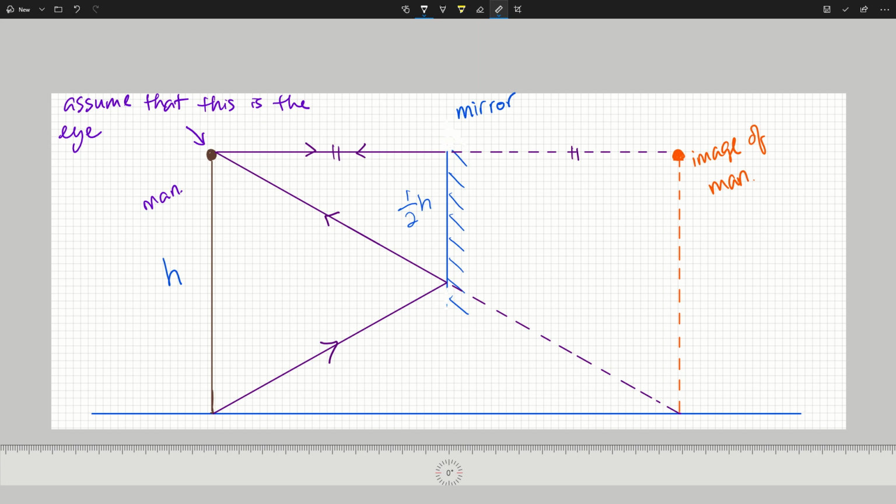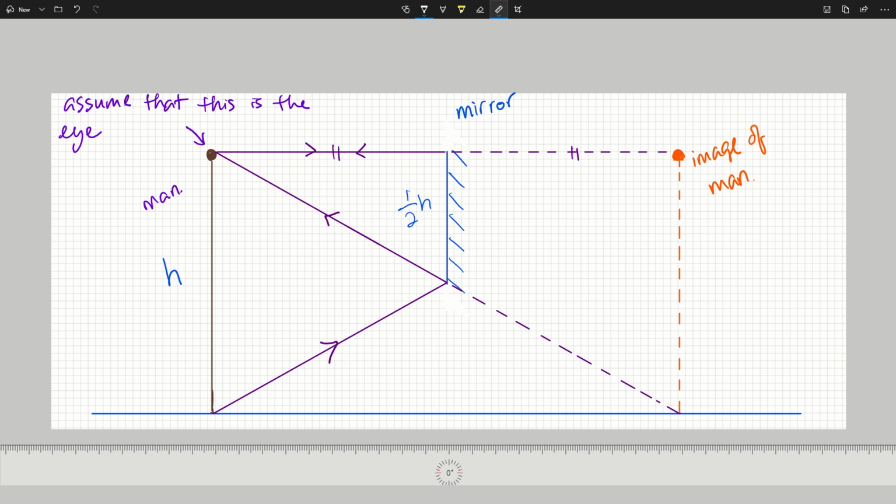And this part. If you are watching this on your handphone or on your tablet, you may take a ruler to measure the height. The height of the man is actually twice the height of the mirror. Or the height of the mirror is half the height of the man.